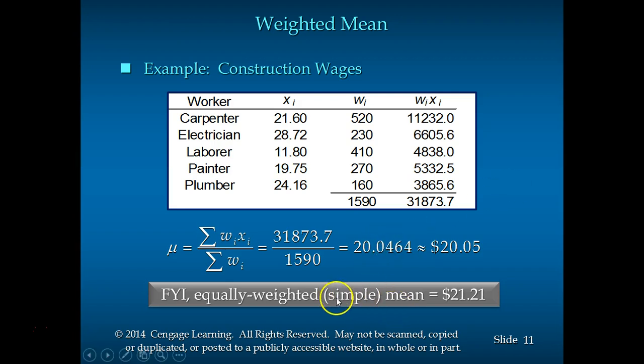On the other hand, the equally weighted simple mean is 21.21. That means if I just average these wages without taking into account how many hours are worked, I'll get 21.21.